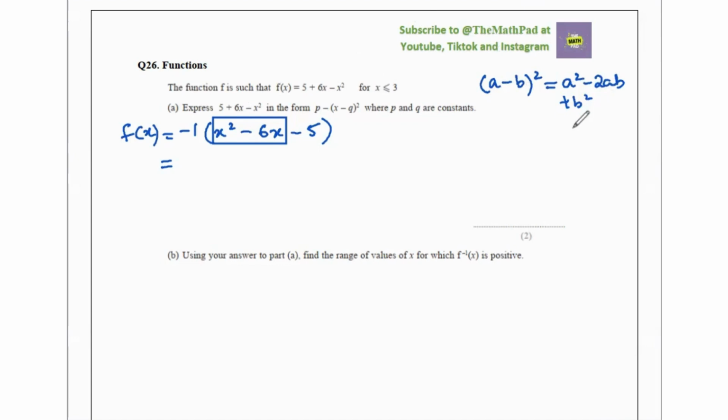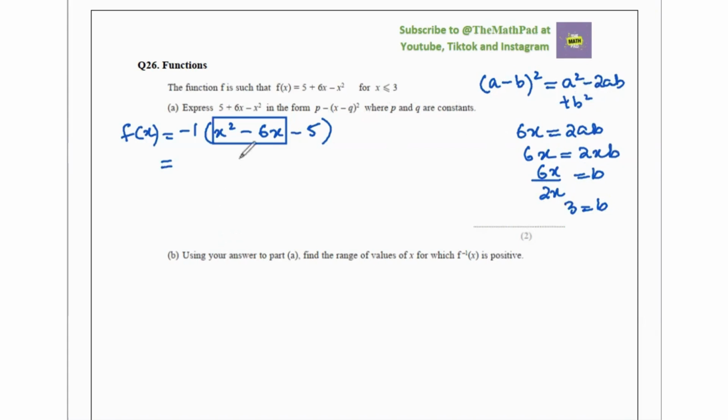We need to find the b squared value to complete the square. How do we do that? We put 6x equals 2ab. When we put 6x equals 2ab, we know that a is x. So 6x equals 2xb, and b is going to be 6x divided by 2x, which is 3. Hence, our b value is 3.